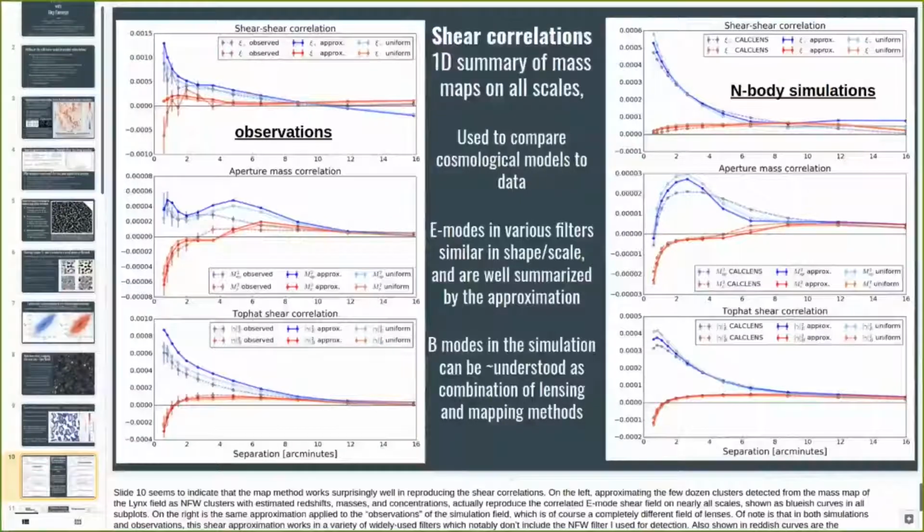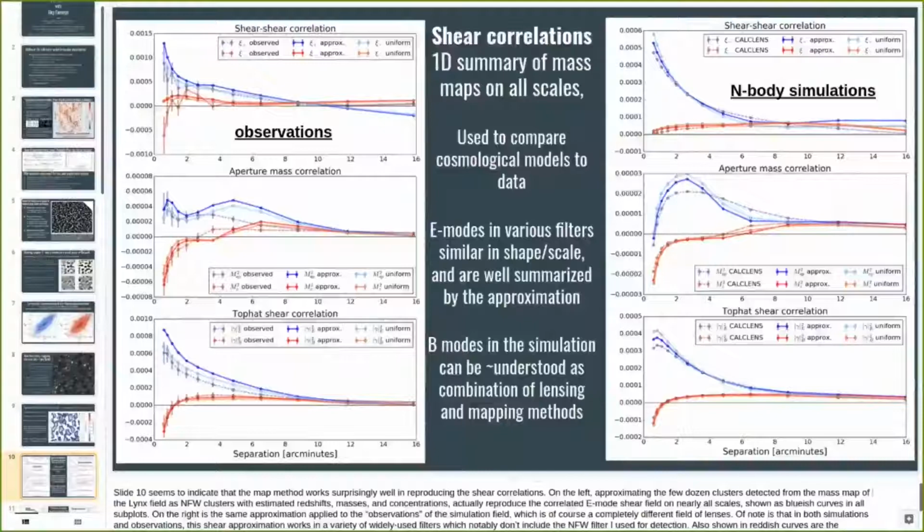Slide 10 seems to indicate that the mass mapping method works surprisingly well in reproducing the shear correlations. On the left, approximating the few dozen detected clusters from the mass map of the Lynx field as NFW clusters with estimated redshifts, masses, and concentrations actually reproduces the correlated E-mode shear field on nearly all scales, shown as blue curves in all subplots.